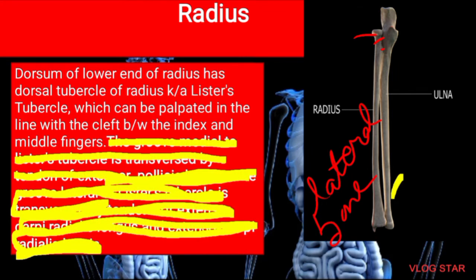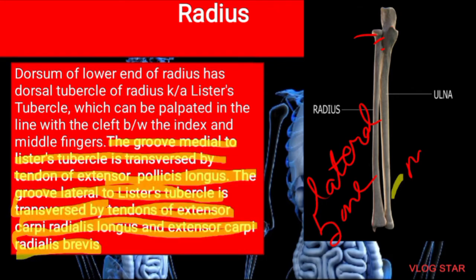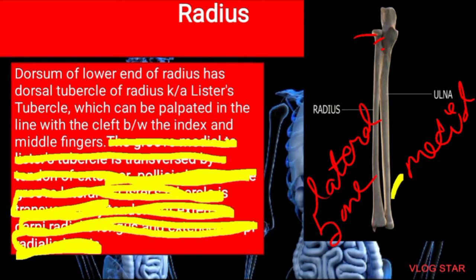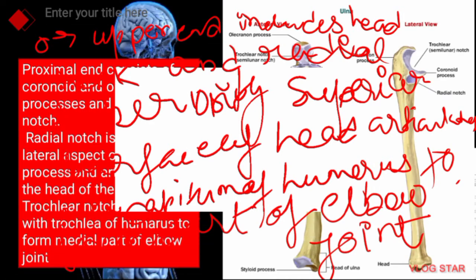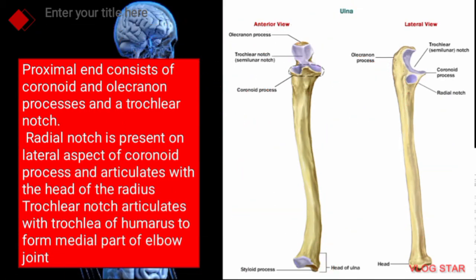The proximal end of the ulna consists of the coronoid and olecranon process. Here is the coronoid.